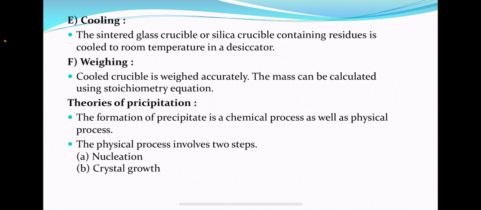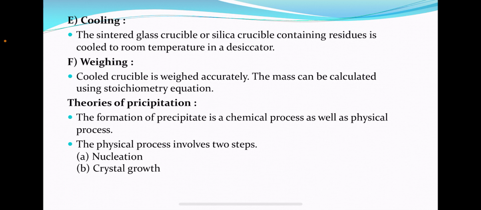So this was one example we discussed in the part of precipitation, that is barium is precipitated as barium sulfate by using one normal sulfuric acid as a precipitant. Here sulfuric acid is called the precipitant and barium is precipitated as barium sulfate.